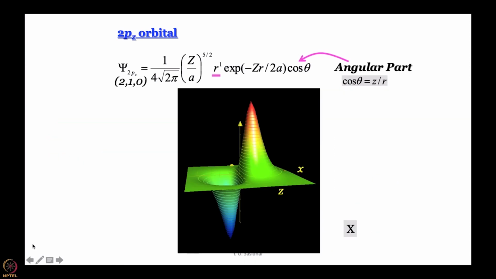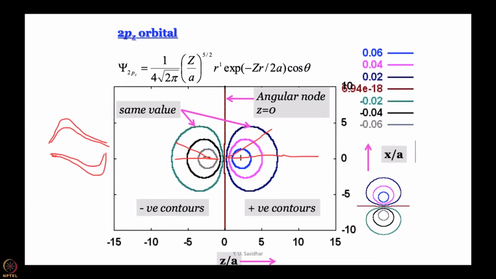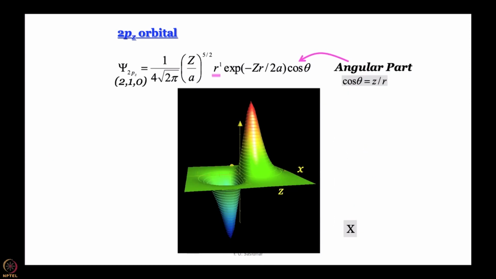So, I will just take you back and ask you to take a look at this 3D plot, vertical axis being psi, and the contour, and I will request you to make sure that you have completely understood that this and this are one and the same. There are just two ways of drawing it.